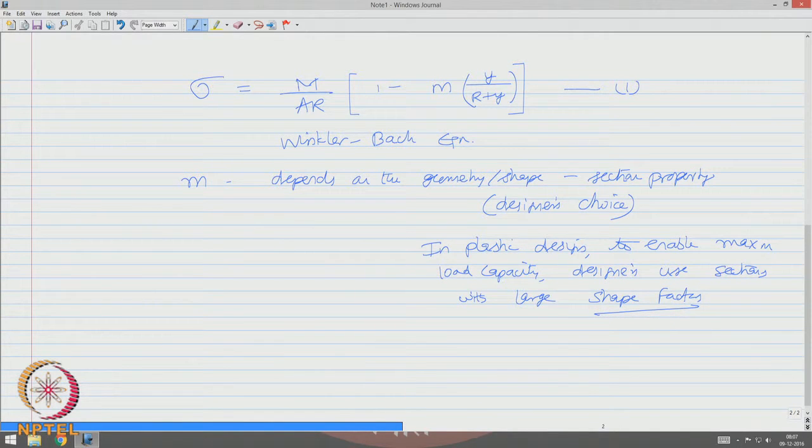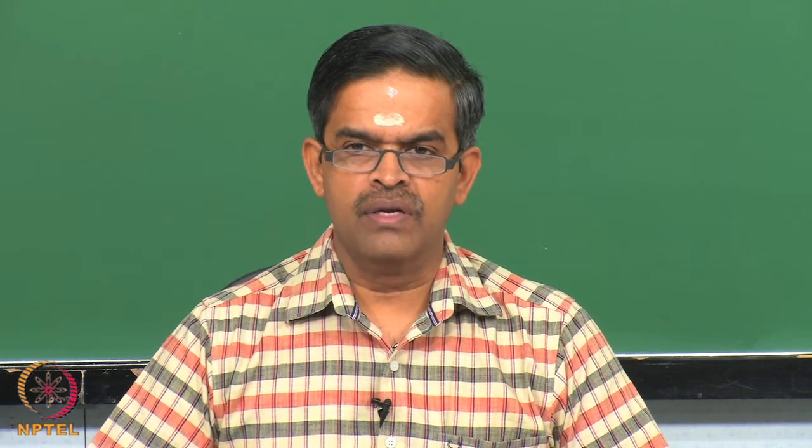Similar to this, m is a cross sectional property which is a designer's choice to limit the stresses in extreme fibers in curved beams with large initial curvature. One can choose the cross section accordingly, or the value of m to suit the appropriate cross section.